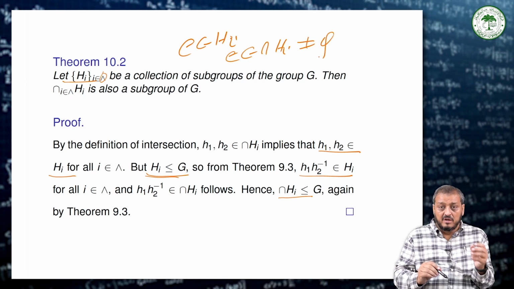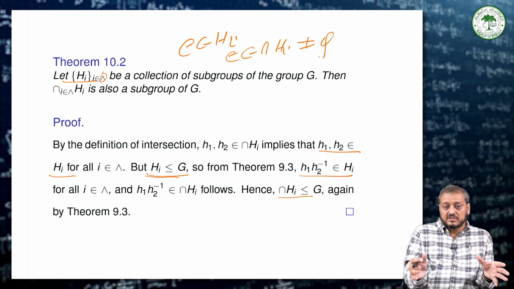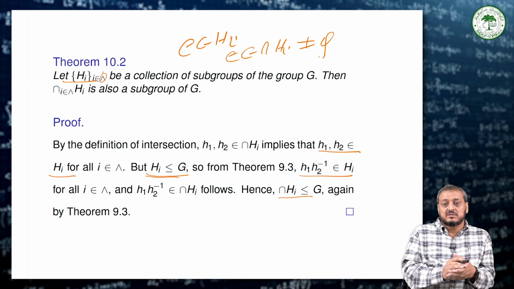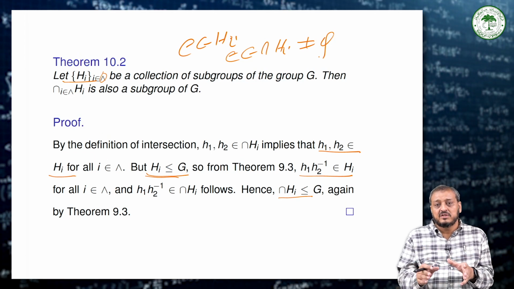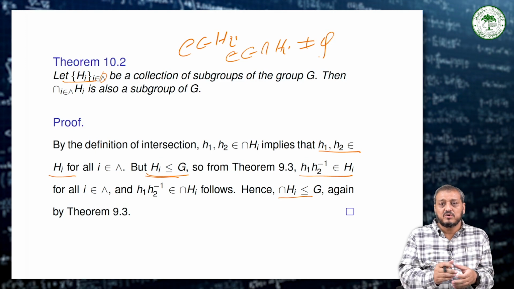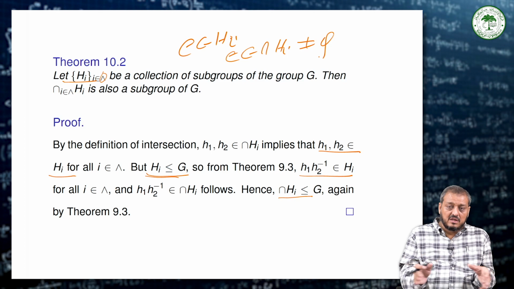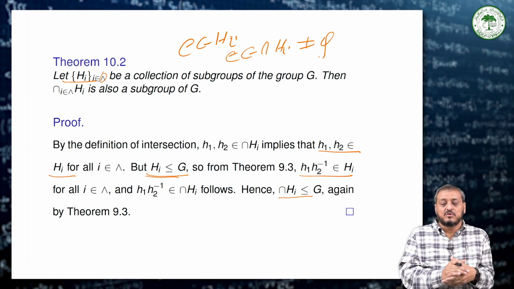So the intersection is clearly non-empty, and it also satisfies the second property: if a and b are elements of it, then a b inverse also belongs to it. So we can say that the intersection of any number of subgroups is again a subgroup.